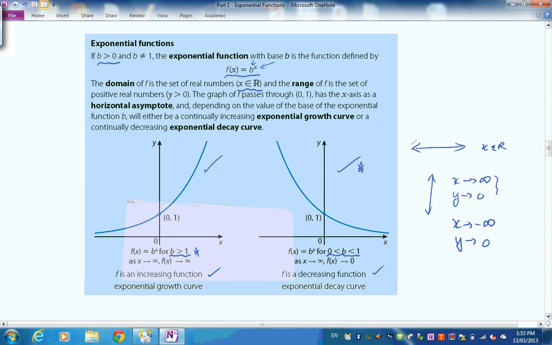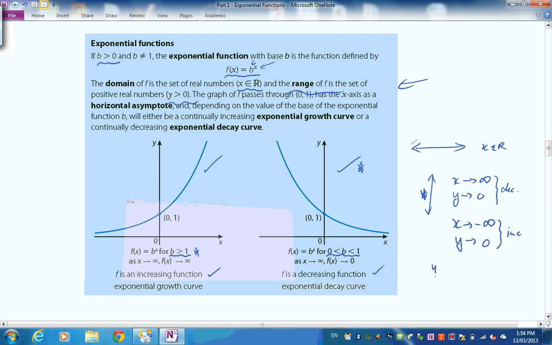So this is the one on the right there, the decreasing function. This is the one on the left, the increasing function. But both of them, if you're looking up and down in y-land, don't exist under the x-axis, or under y equals 0. So the range, going back up here now, the range is y greater than 0.